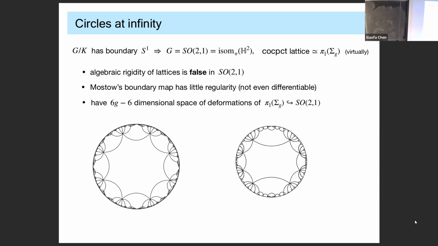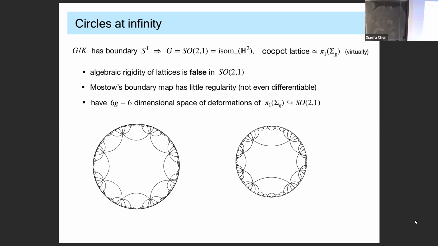It'll have derivatives almost everywhere by some quasi-symmetry argument, but they'll be basically 0, and not differentiable everywhere. And instead, there's a 6g-6 dimensional space, where g is the genus of your surface, of deformations of inclusions of your group gamma into this group. You can make actually an entire career out of just studying this space and be very well paid for it.